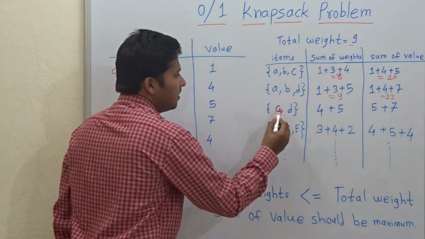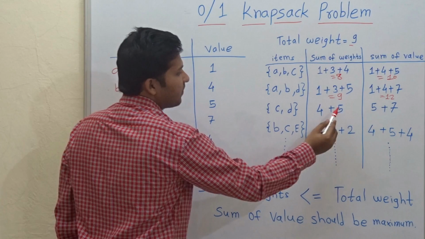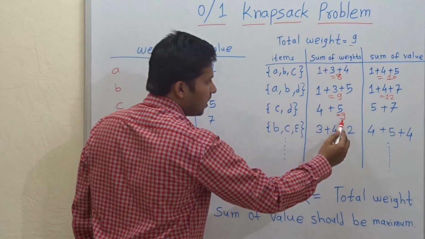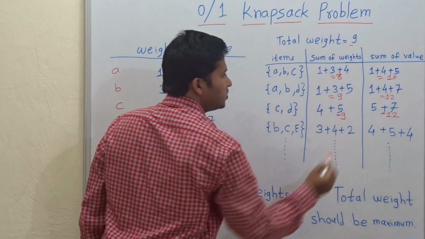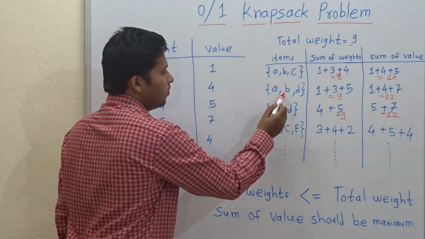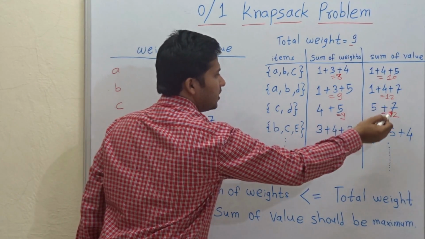So let's see, if we select C and D. So 4 plus 5 is 9. The weight is 9. So it is allowed. And the value is 5 plus 7 is 12. Yes. Until now these two sets have value 12.